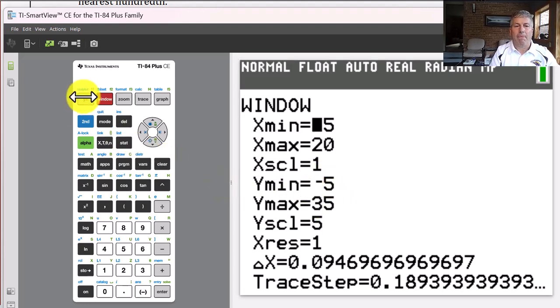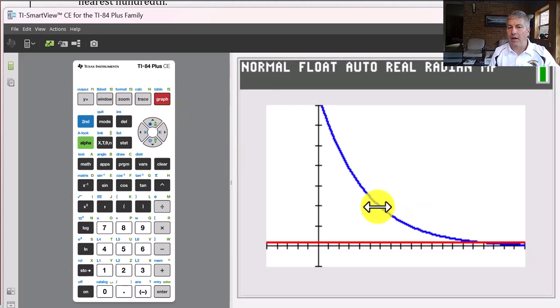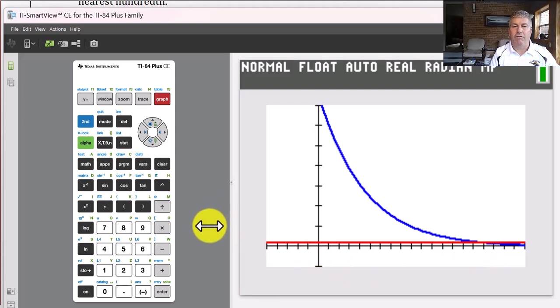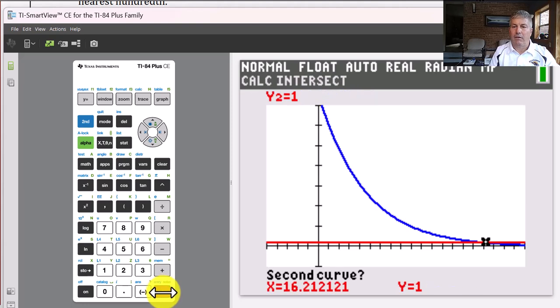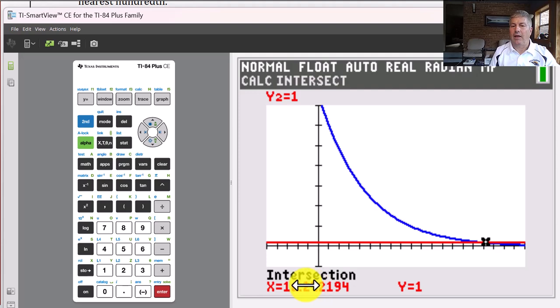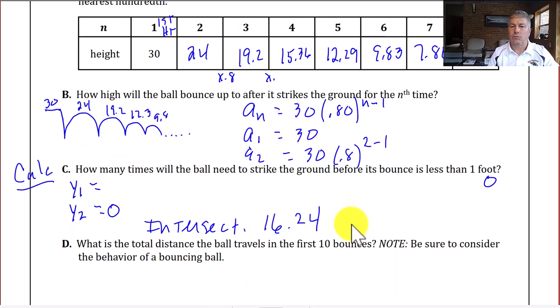So that was my window, and I hit graph, and now I've got a nice graph of that formula, and then I'm going to find the intersection. So second calc, use the intersect key, which is 5. Select my two curves, make my guess, and I get an intersection of 16.24. Which means the ball will have to bounce 17 times.